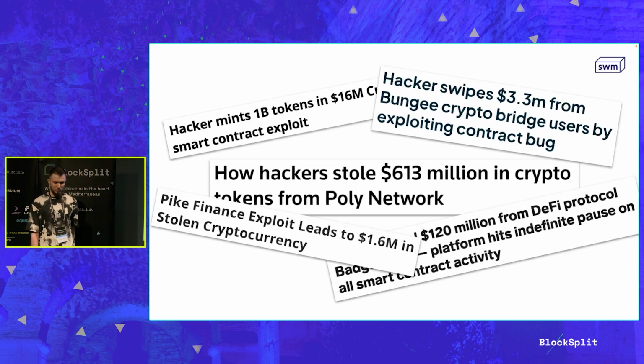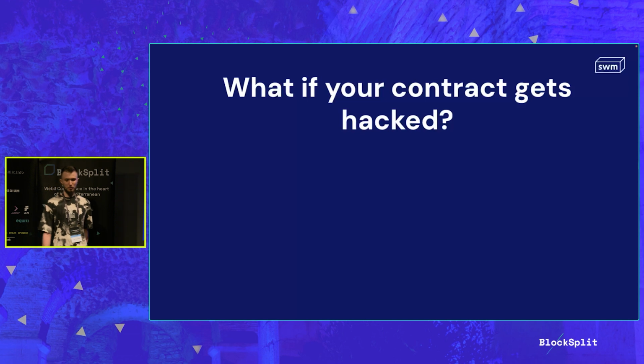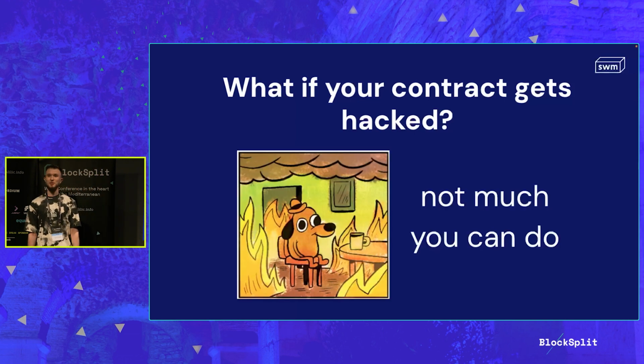So it's definitely a big risk when deploying smart contracts and caring for their security. So yeah, what to do if your contract gets hacked? That's the question. And to be honest, not much you can do actually. At least not in terms of recovering the lost funds.